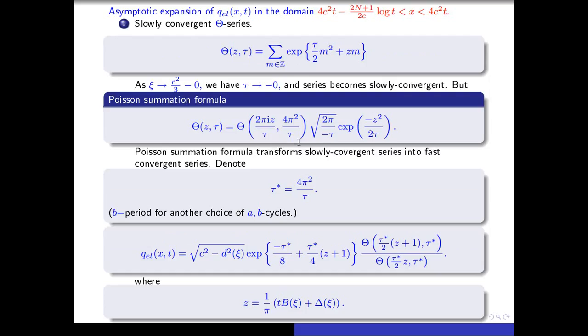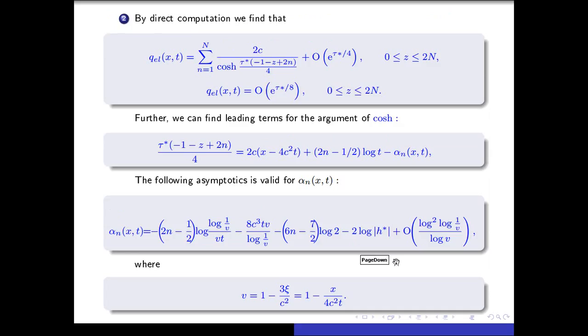Then, it's technical. We just rewrite it in the following form, and here we see that in each series which represents theta functions, the main input is given by just 2 or 3 main terms, and hence we can write the asymptotics of this expression in the following form.